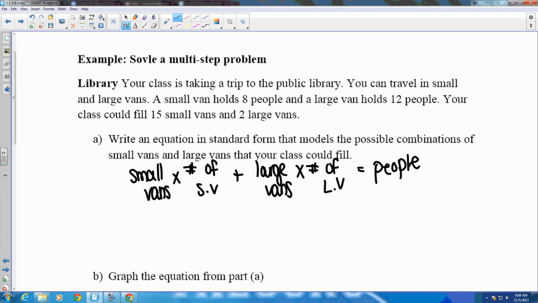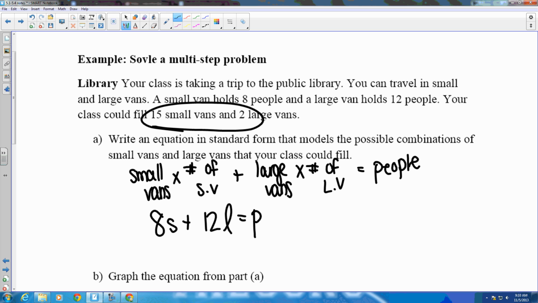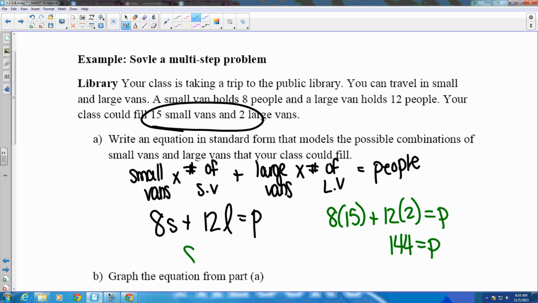So we have a small van holds 8 people and a large van holds 12 people. We need to figure out how many we can fill. So we're going to pick one of the possible combinations, which we'll use 15 and 2. 8 times 15 plus 12 times 2 equals P. That means we can hold 144 people. And our equation is 8S plus 12L equals 144.